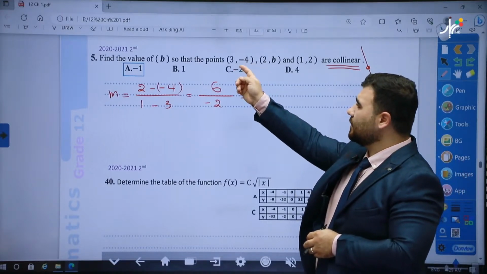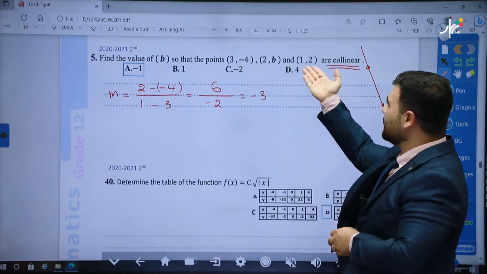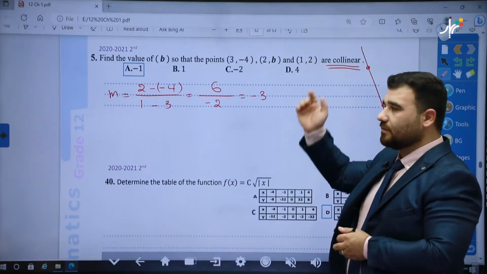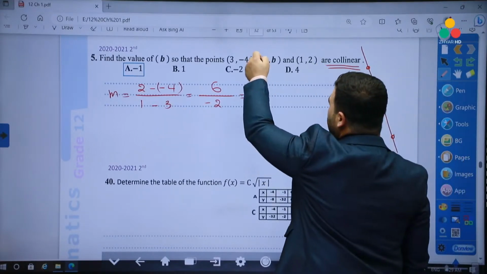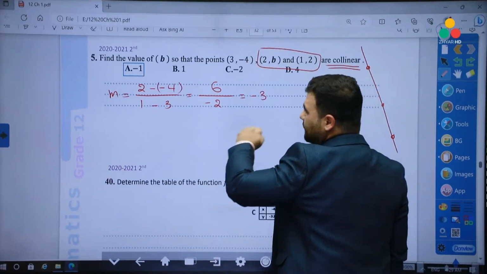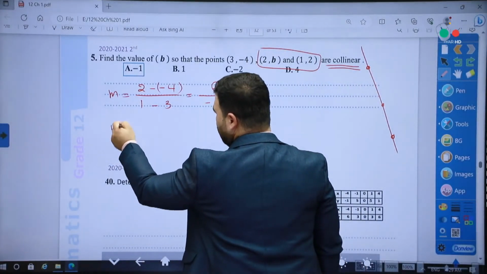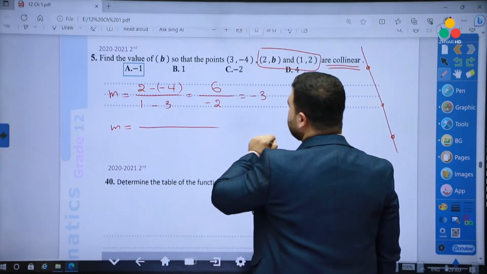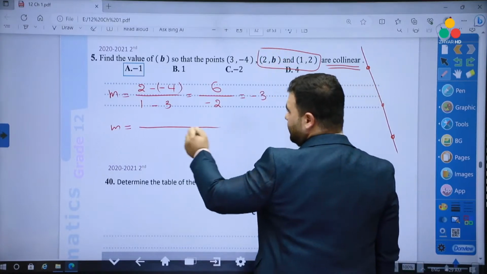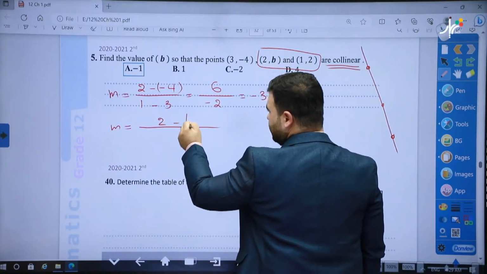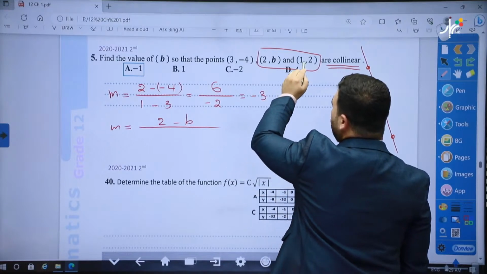This point has a negative number in it. I'm going with this point that has no negative. Then if I want to find the slope between these 2 points, slope is equal to 2 minus b over 1 minus 2.